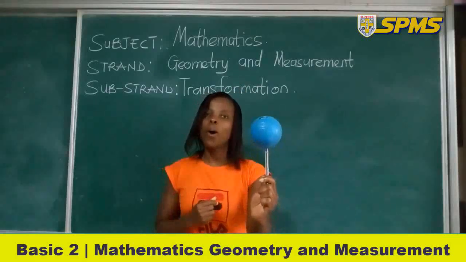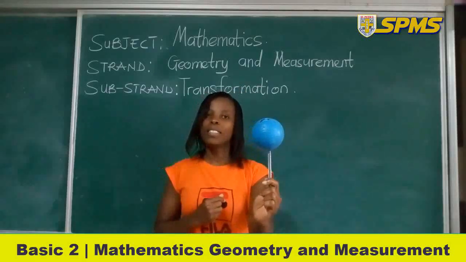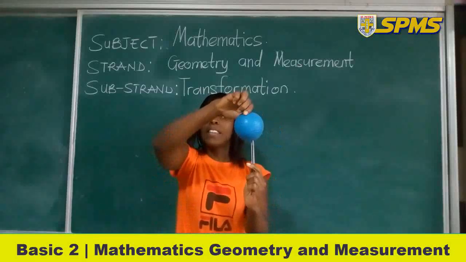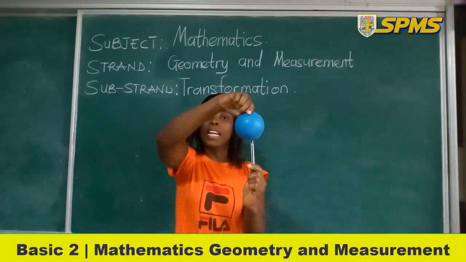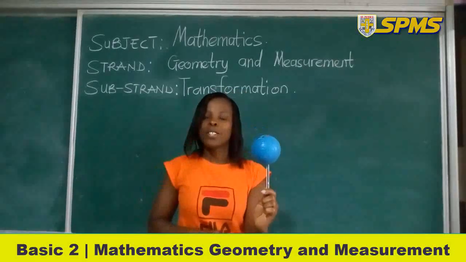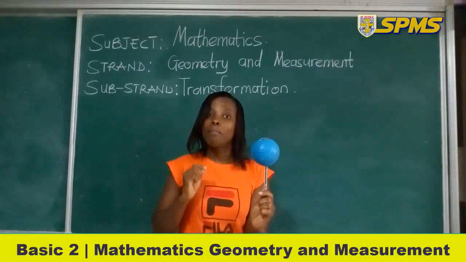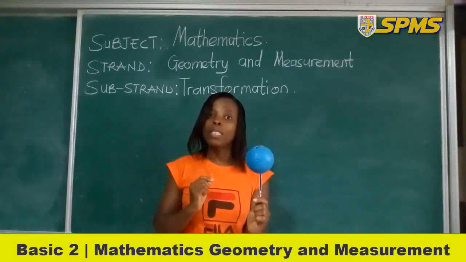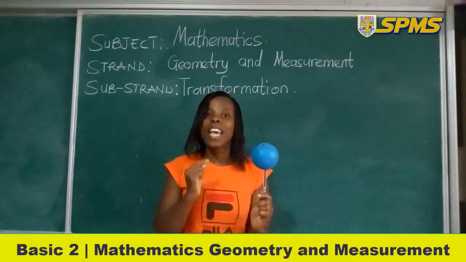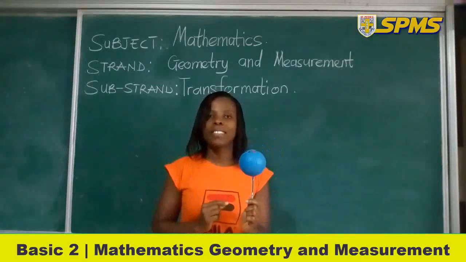So I have my ball at a fixed point. When I turn it either in a clockwise or the anti-clockwise direction, it means I'm rotating. So rotation means to turn an object clockwise or anti-clockwise at a fixed point. Good.